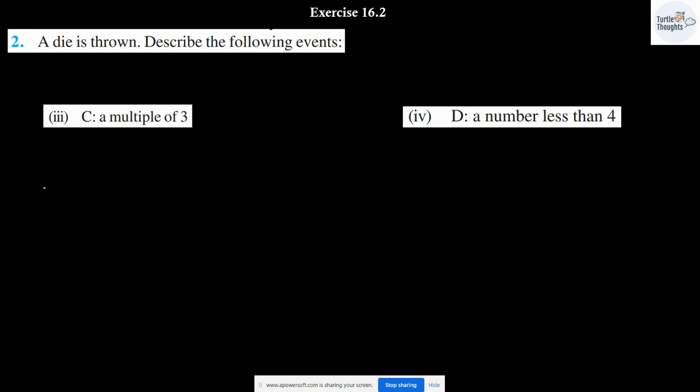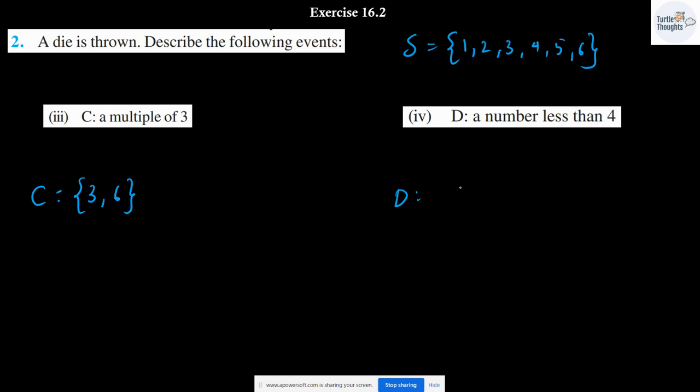Next, C is a multiple of 3. What are the multiples of 3 that you can get? Either you can get 3 or you can get 6. These are the two multiples in the sample space S. D, a number less than 4.